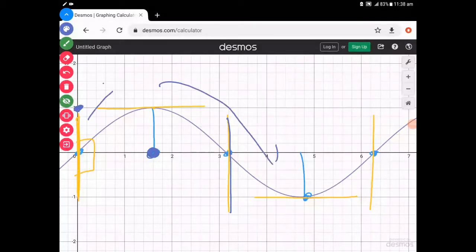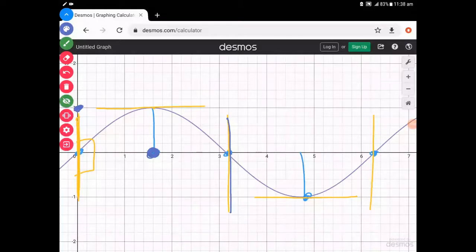Here the graph was going up, now it is going down, so the slope will be negative infinity. And what is the minimum value which a trigonometric function can take? That is -1. So here -1.